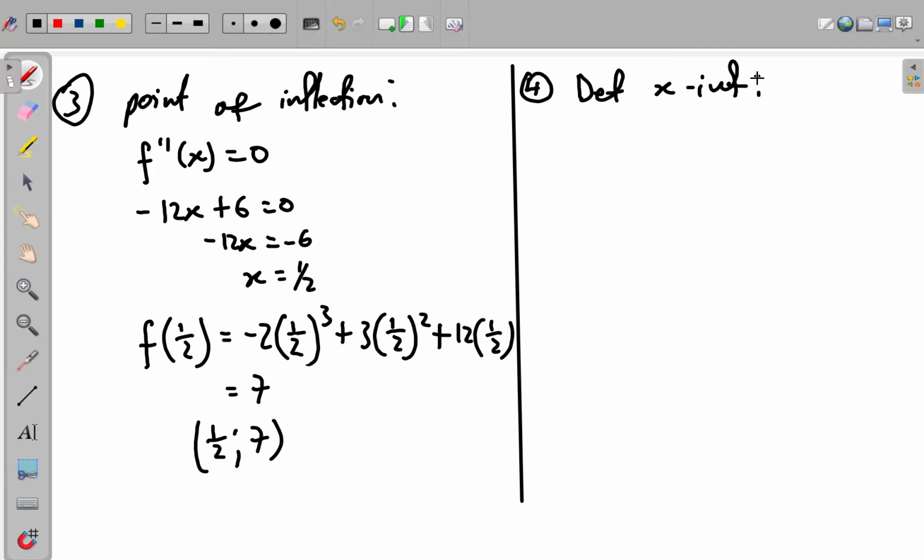So how do we find x-intercepts? So remember then, the expression f of x is essentially saying y. So this is actually saying y is equal to minus 2x cubed plus a 3x squared plus 12x.